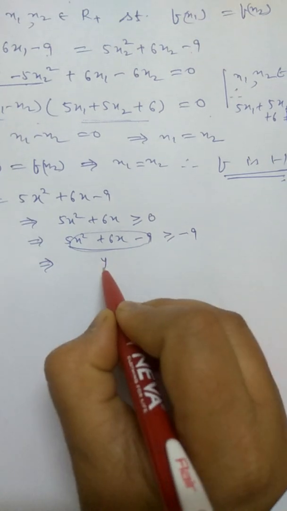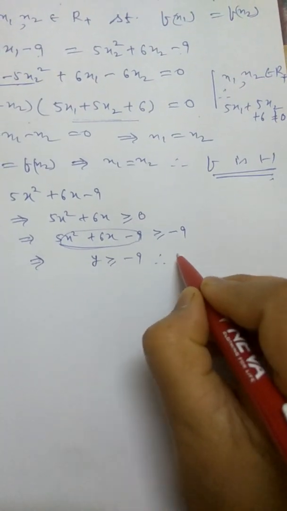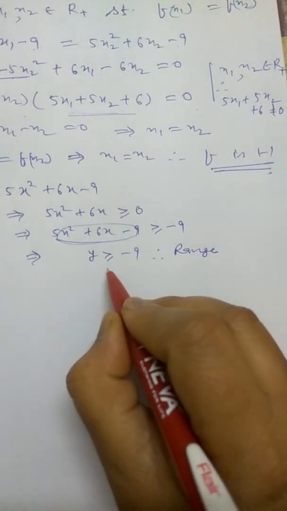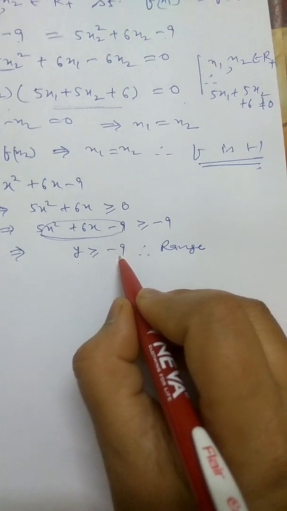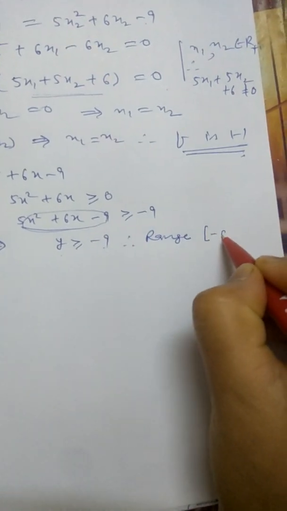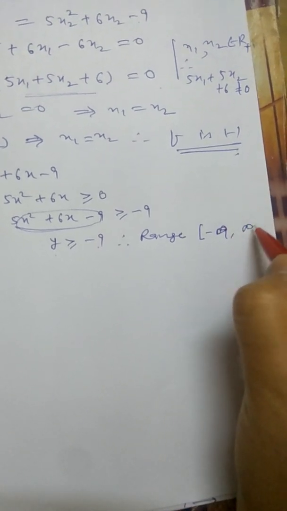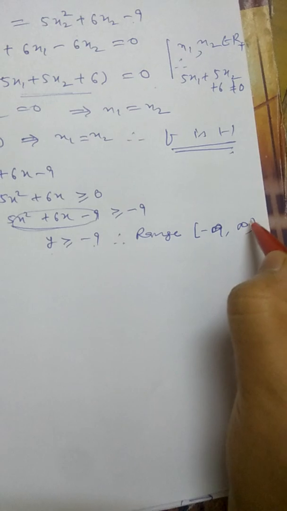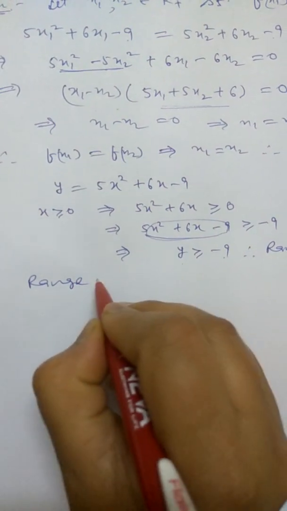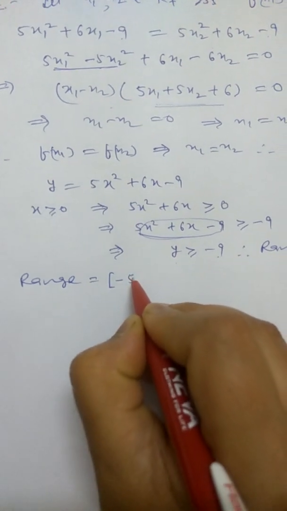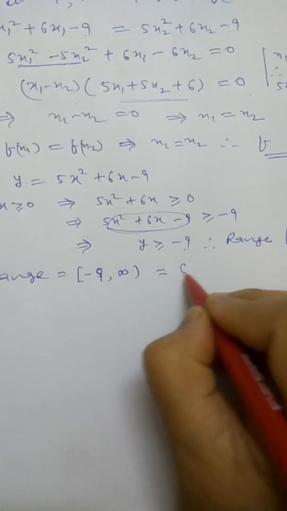Therefore y is greater than or equal to -9, and the range means the values of y, so the range becomes [-9, infinity). Is it clear?